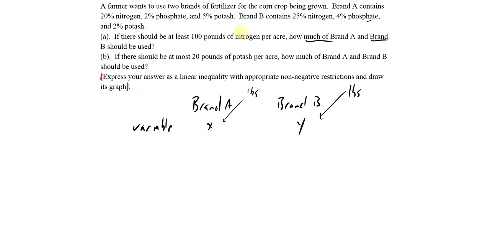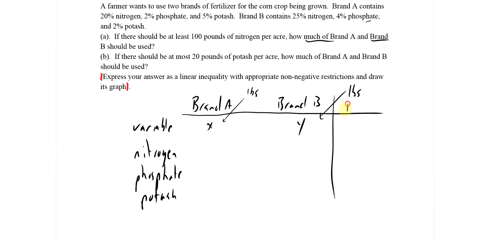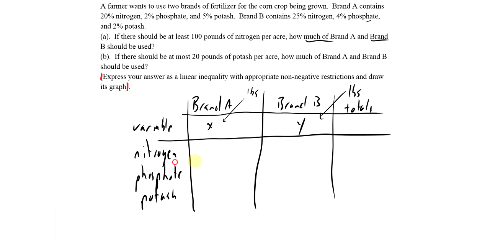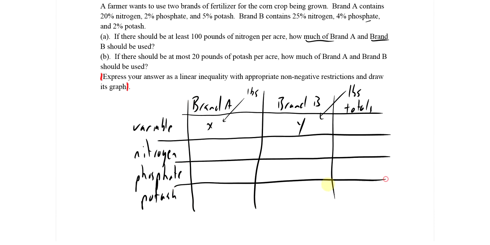Well, nitrogen, phosphate, and potash. And we can put in a little line here. And of course, we need a totals column. If I could type as fast as I write, I would just use the table tool in Excel for this.